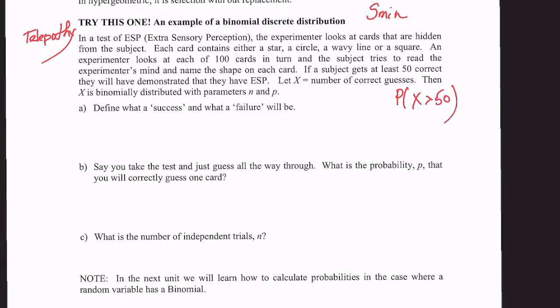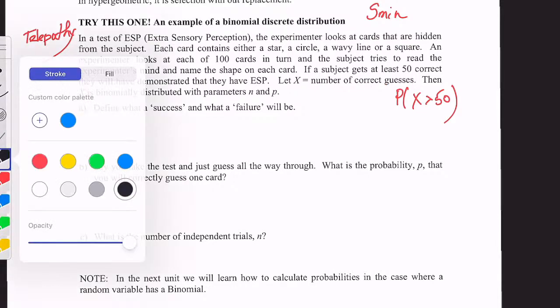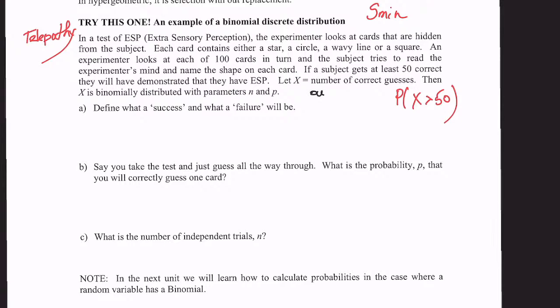So what's X? X is the number of correct guesses, I should add, out of 100 trials, or tries, right?